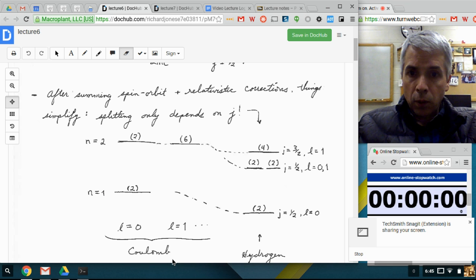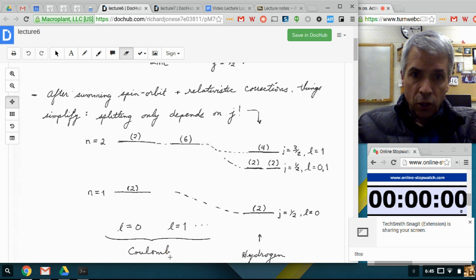As soon as we turn on the fine structure Hamiltonian, then those n equals fixed levels split according to one new quantum number, the total spin j.